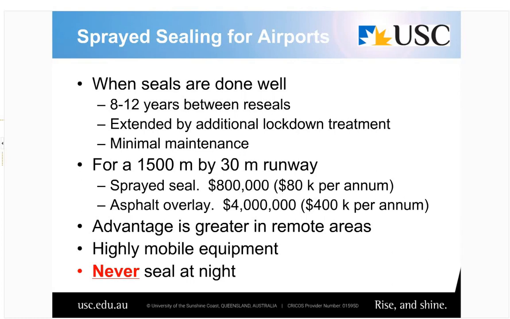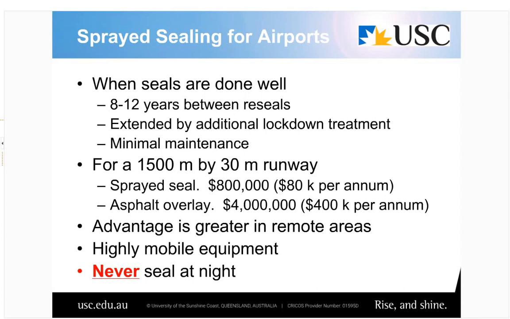In terms of costs for a typical 1500 by 30 metre wide runway, spray seal might cost you $800,000 versus an asphalt overlay, which has every chance of being in the order of $4 million for the same area.